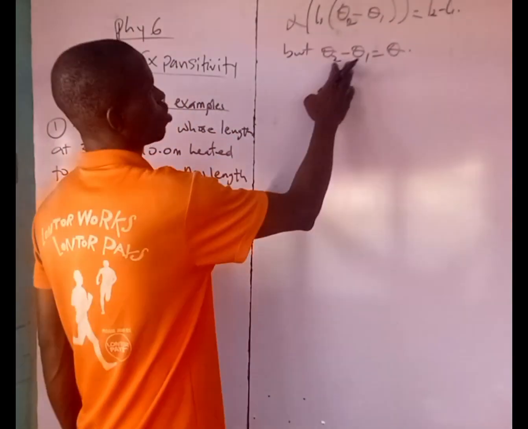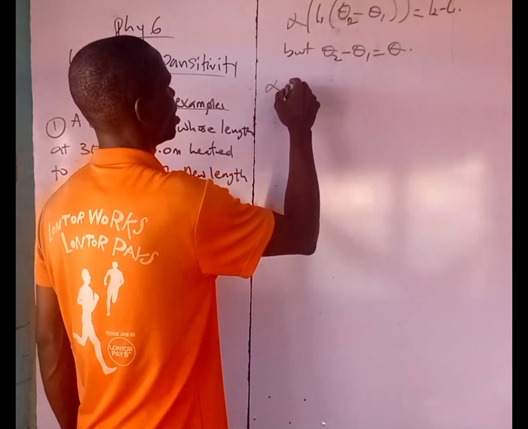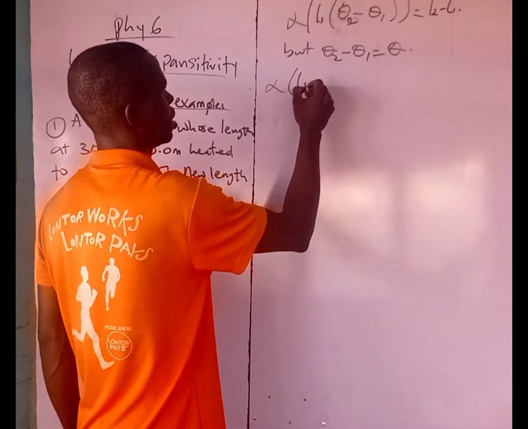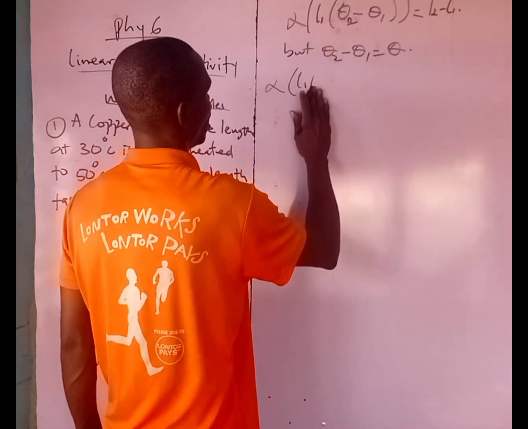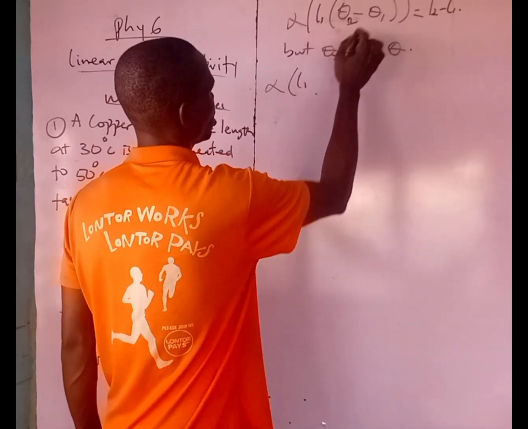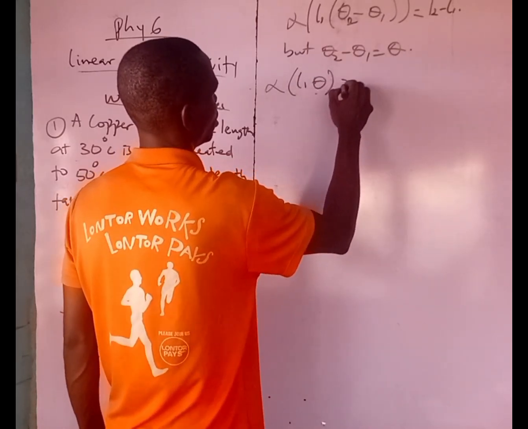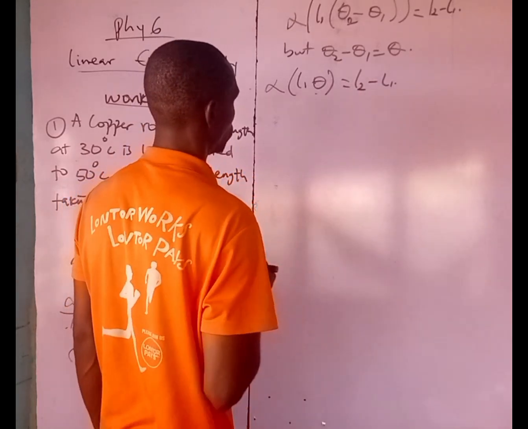Okay. Since theta 2 minus theta 1 equal to theta, then our alpha now will be L1 into L1, this minus theta 2 and theta 1 will now be theta, equal to what? L2 minus L1.